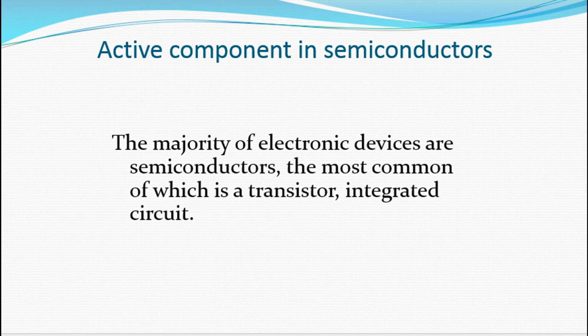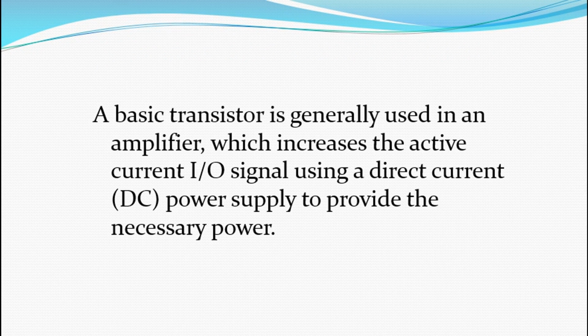I said the most common is a transistor or integrated circuit, the IC, and I said a basic transistor is generally used in an amplifier. What does it do in that amplifier? It increases the active input and output using a DC, direct current, power supply to provide the necessary power in the circuit. That is how the transistor functions in a circuit in terms of active components.